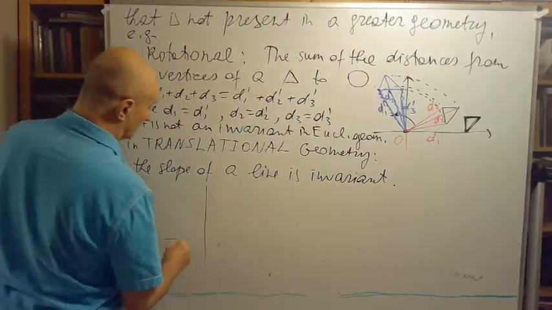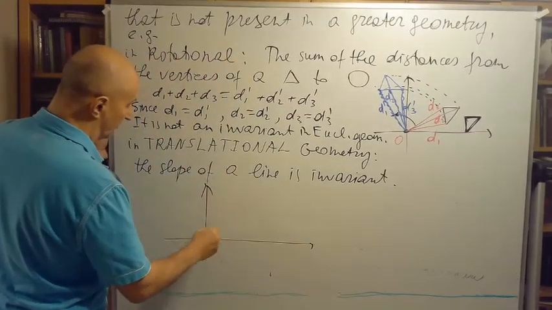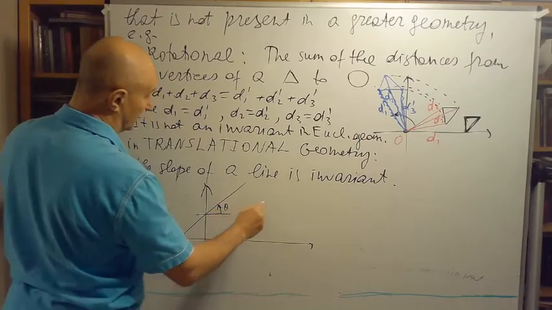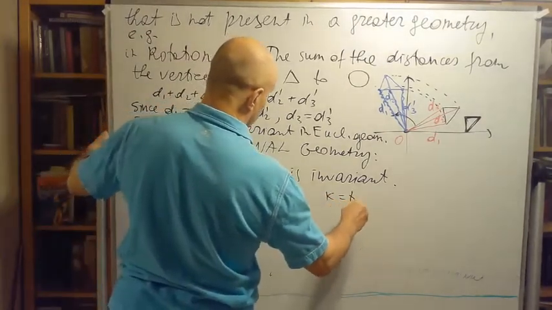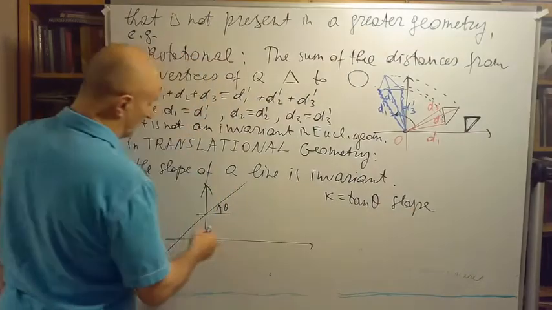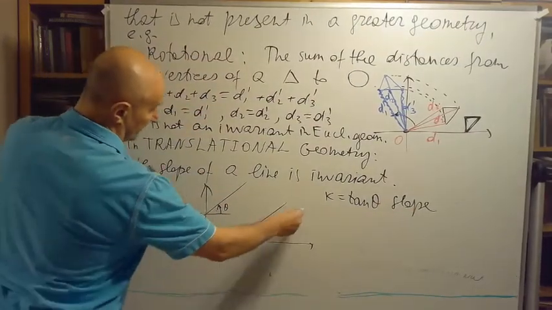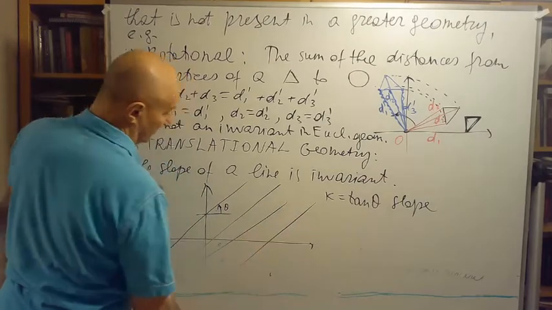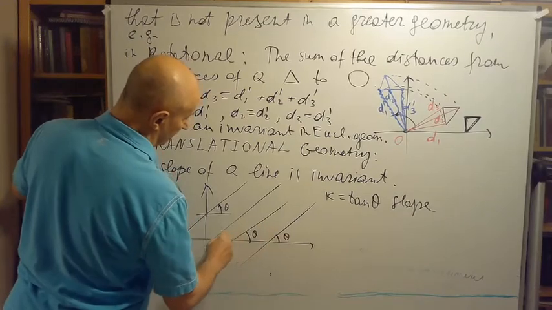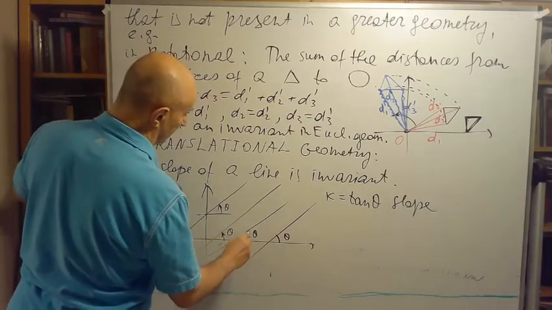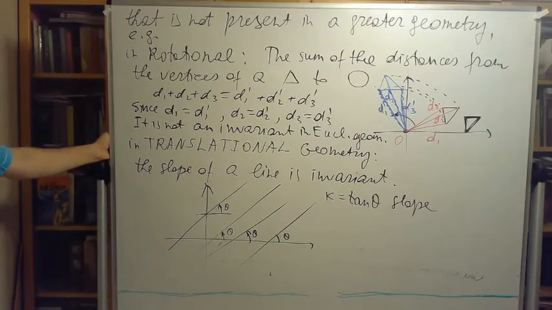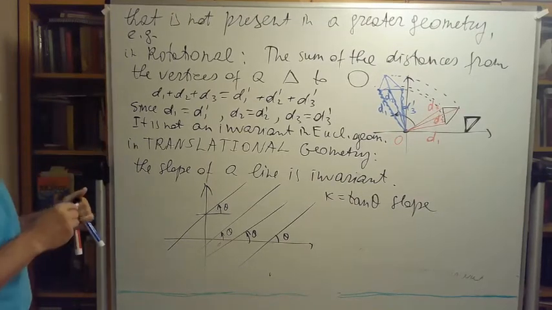If you have a line with a certain slope, for instance this line, and this angle is theta, you know what the slope is? K is tangent theta, it's the slope. No matter where we translate this line, it will keep being parallel to the original line, and therefore this angle measure, or the slope as a numerical characteristic, will be the same. Whereas in Euclidean geometry, this line can also be rotated and the slope will change, of course.